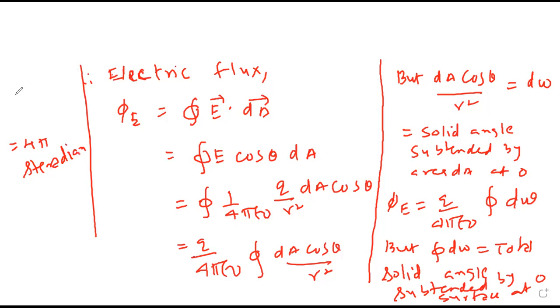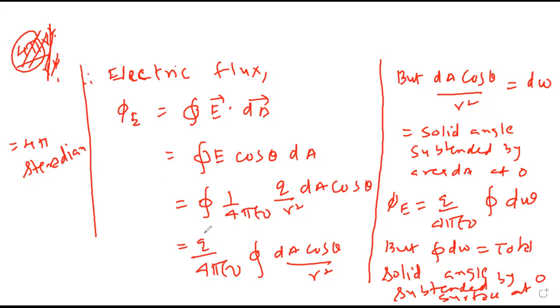What is total surface area of the sphere? Is it 4 pi r square? Yes. Divide by r square, when you do, you get 4 pi. That is called solid angle, dA upon r square.